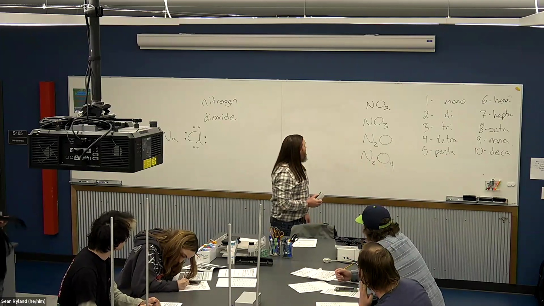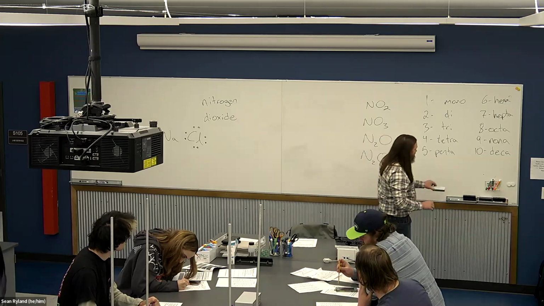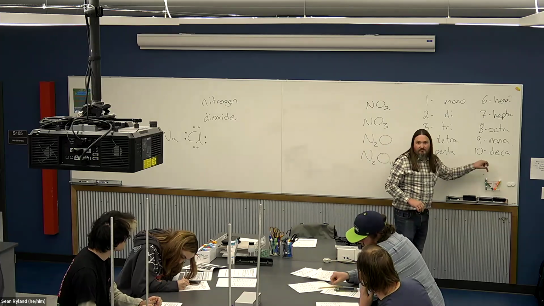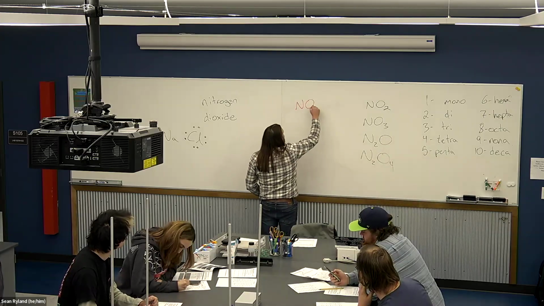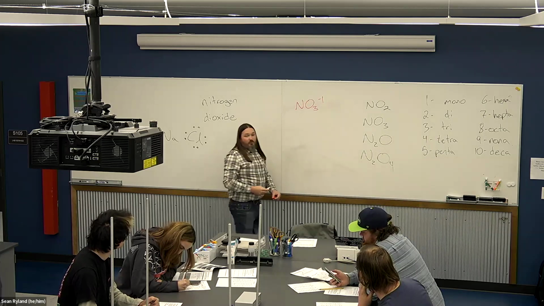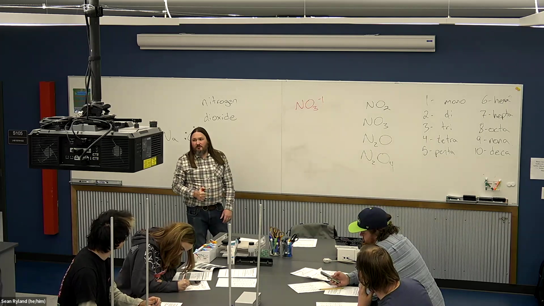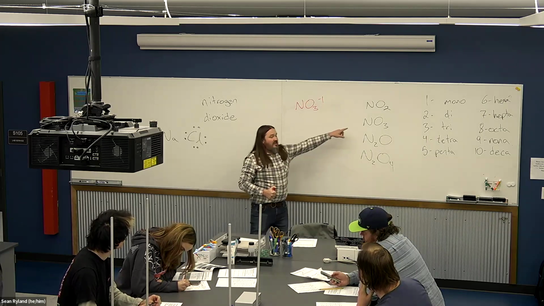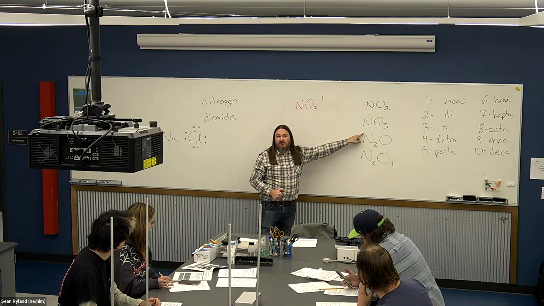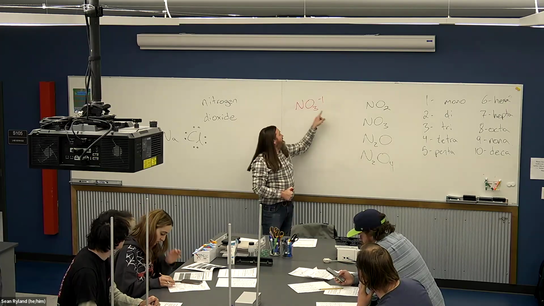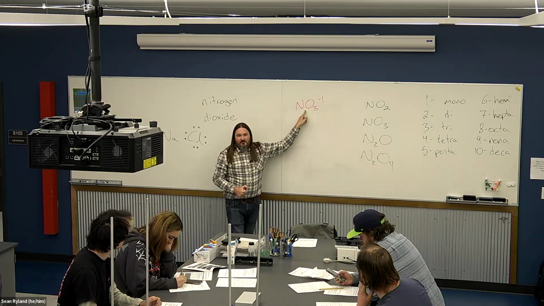The thing is that there's some covalent compounds that have a charge to them. So for instance, there's a stable compound that's NO3 with a negative charge. That's not the same as nitrogen trioxide. Nitrogen trioxide is neutral.